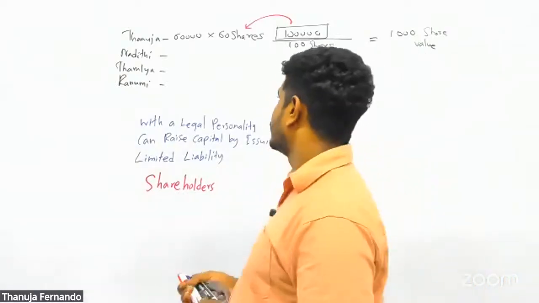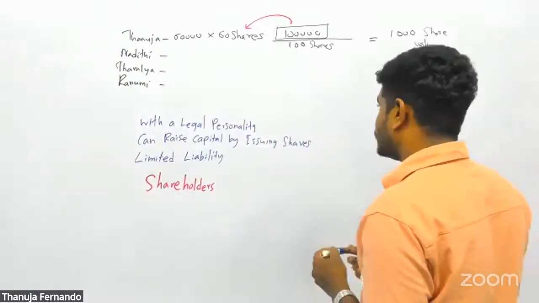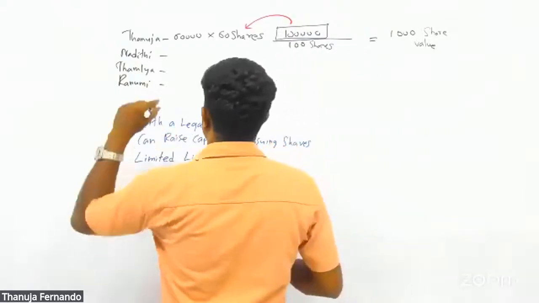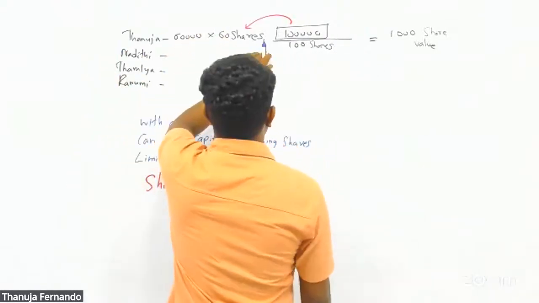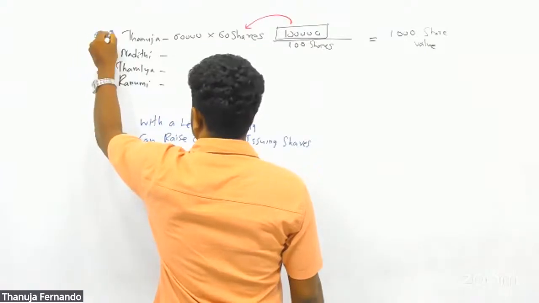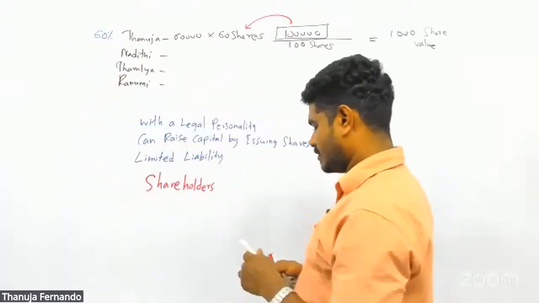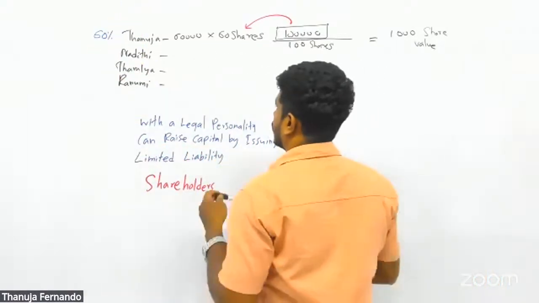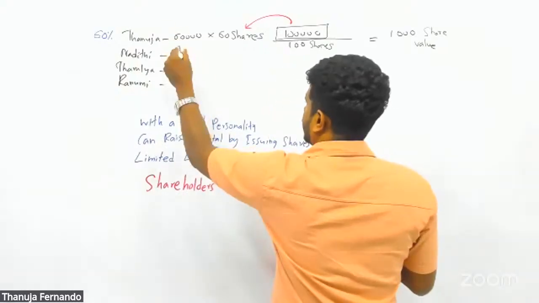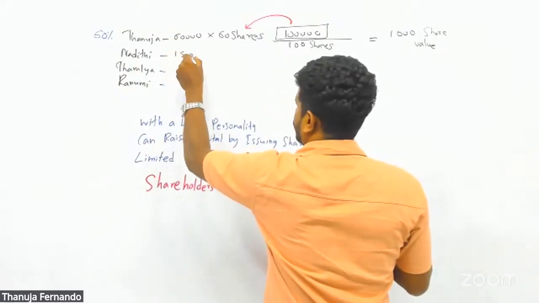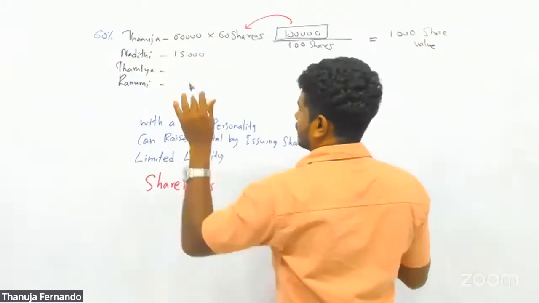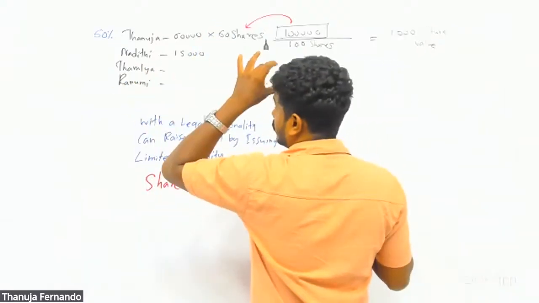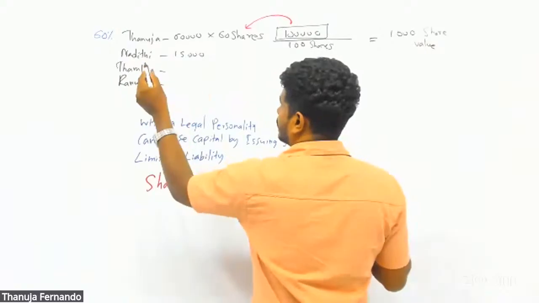Let's say, in this one, I have 60% of the shares. Naditi says, okay sir, I have 15,000. Kamala says, I have 20,000.